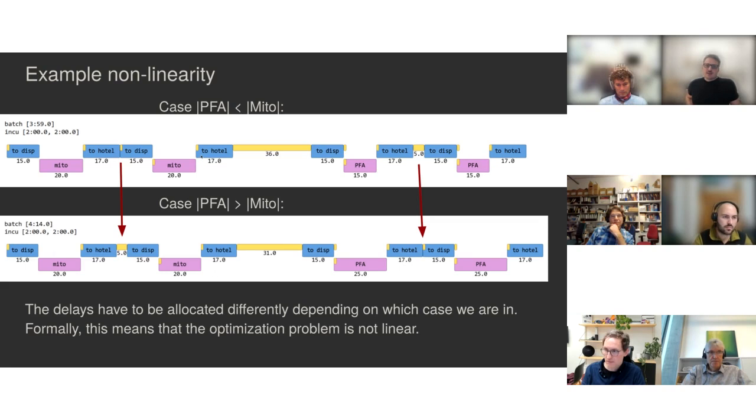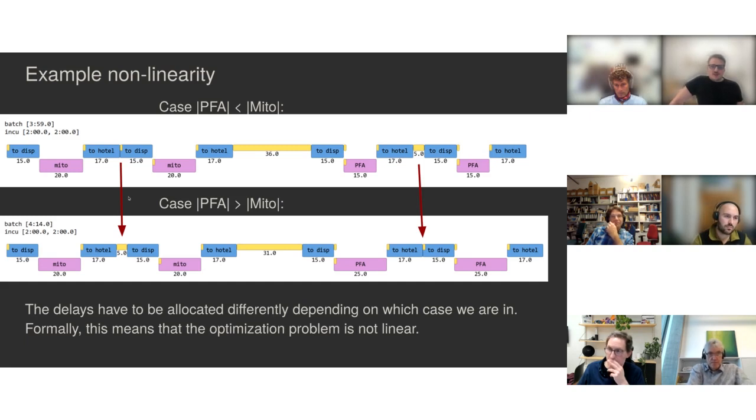The pink is the dispenser, the blue is the robot arm movements, and yellow are delays that we need to find out. In this simplified example, we just want to wait 2 minutes in the cycle. So after this mito is finished, we want to wait exactly 2 minutes until this PFA starts, and also for this mito to plate number 2's mito.